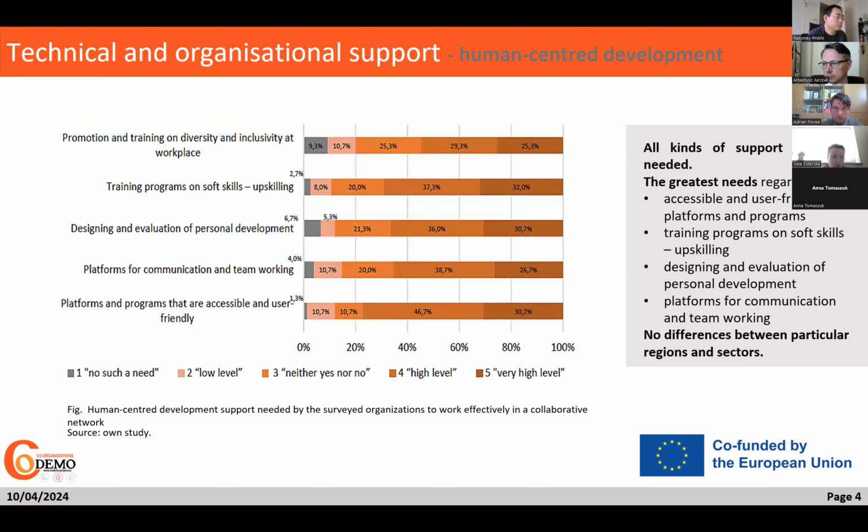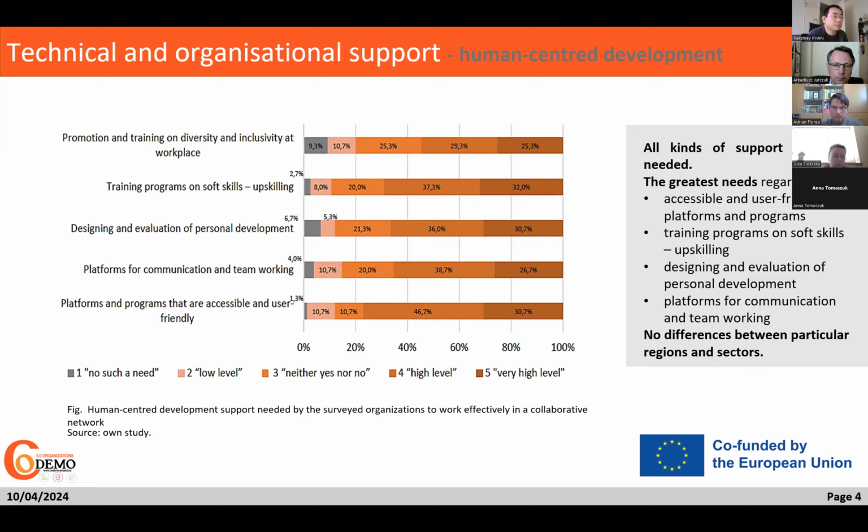And the second group, human-centered development: the respondents indicated accessible and user-friendly platforms and programs as the most needed for their organizations. Their need for this kind of support is also at a very high level, because almost 80% of them indicated it.